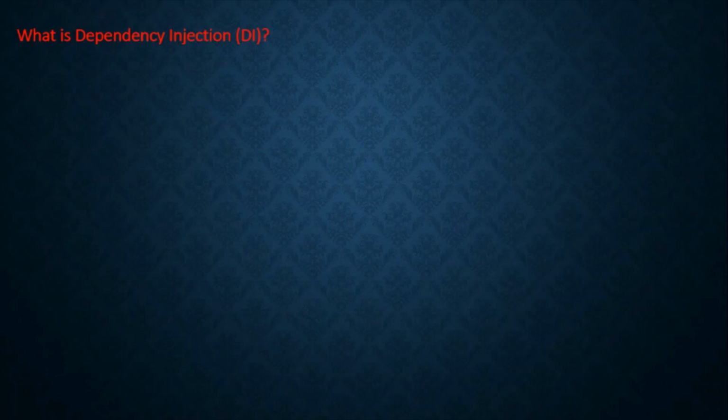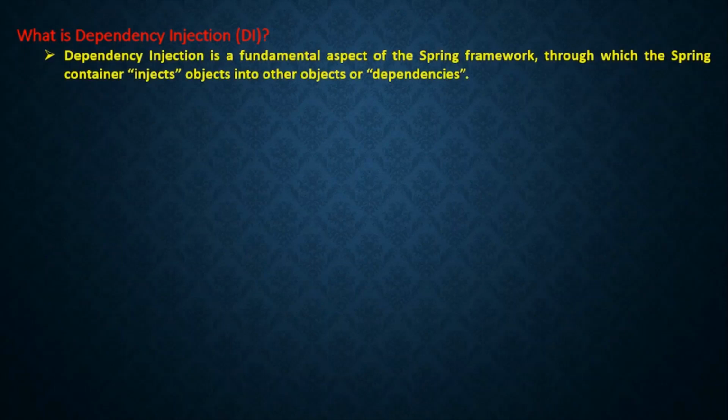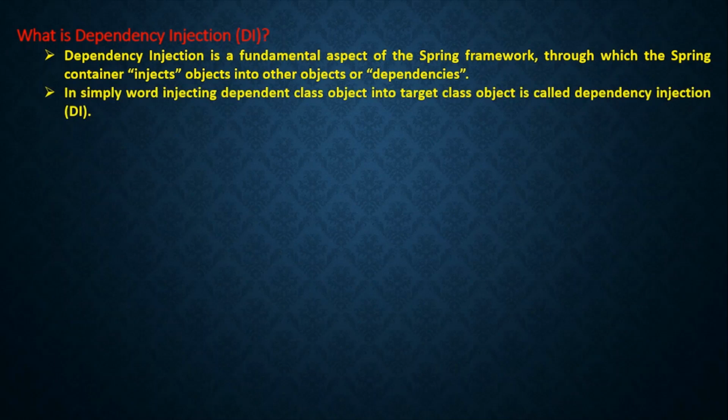In that case, we have to create the object of that class, set the values, and inject accordingly. So let's first understand what is dependency injection. We are injecting the dependent object into the target object as part of Spring. Okay, so you understood that.